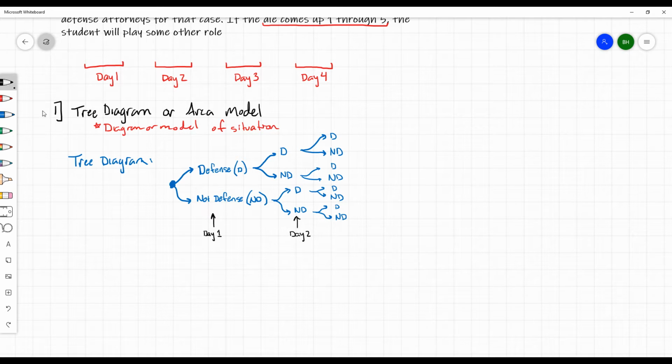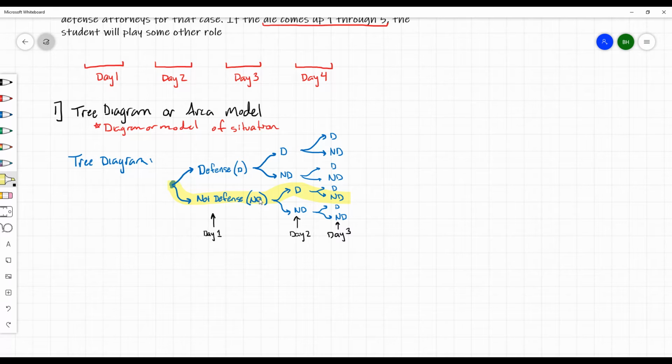Now, this is the part where students start to get a little bit confused, because they say to me, Hernandez, Mari can't be all of these things at the same time. How is there 4 different opportunities for her to be defense? Well, it's all dependent on which route of the tree you take. If she started off by not being a defense, then she can go to be a defense and then back down to not being a defense.